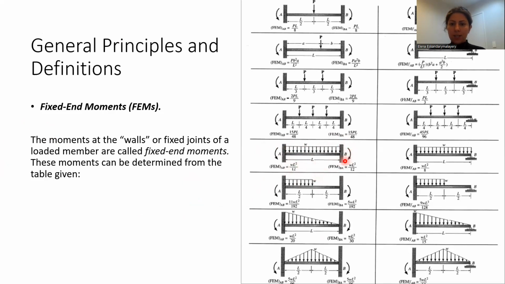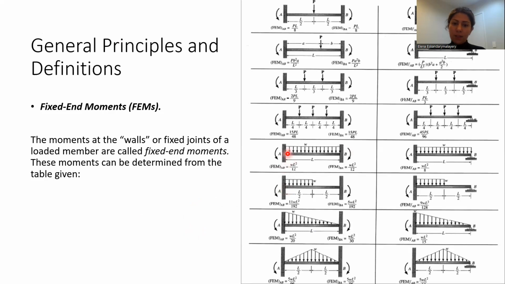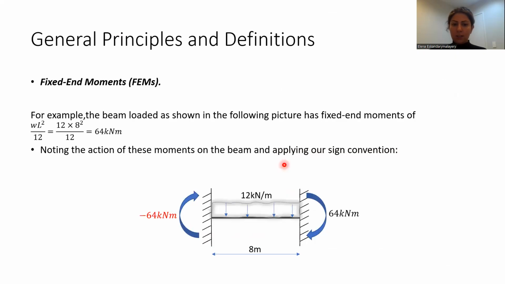As you can see, the right-hand side is clockwise positive, so we write it as is. However, on the left-hand side, because in the table it's anti-clockwise, we change the direction to clockwise and consider the value minus, which we calculate as 12 times L squared, which is 8 squared over 12, which gives 64 kilonewton meter. So sign convention is very, very important.